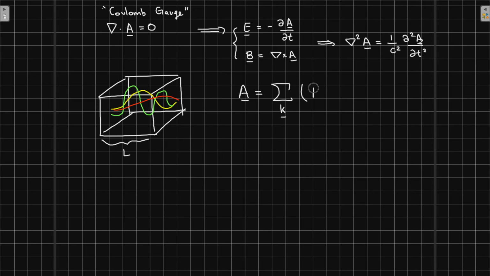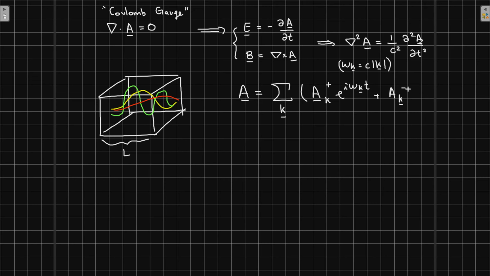So I can write this as a_k+ e to the i omega_k t, where omega_k is defined as usual to be c times the magnitude of k. So omega_k is equal to c times the magnitude of k.